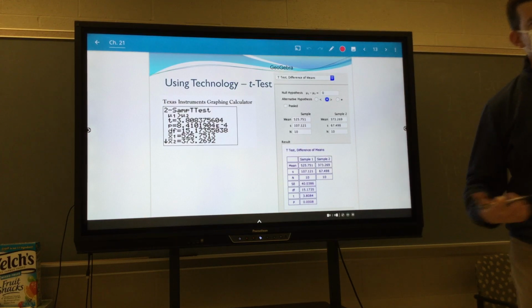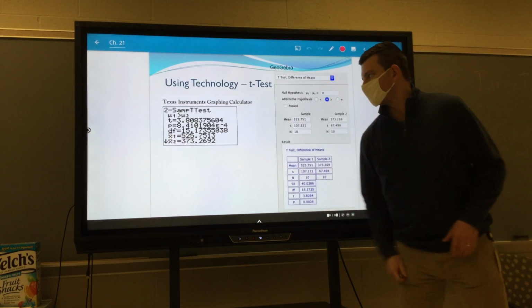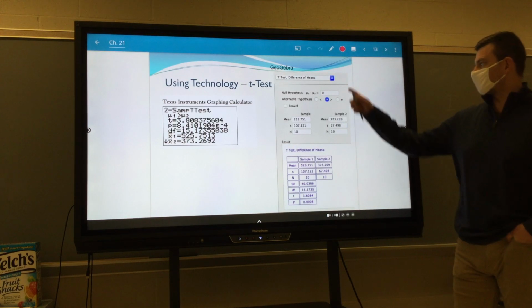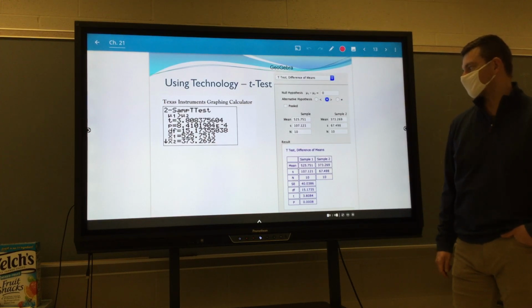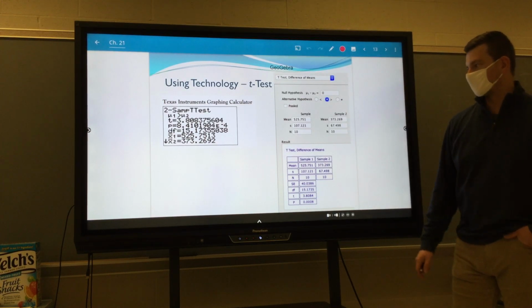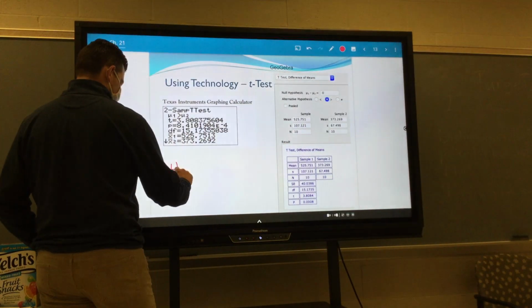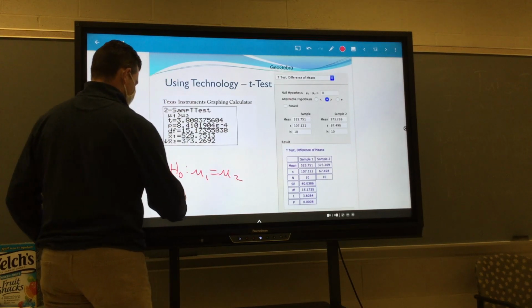Now for the t-test, same thing. On the calculator, you're selecting 2-sample t-test. GeoGebra, the drop-down menu is just difference of means for the t-test. And you're entering the same data. Remember, our null hypothesis was that mu1 equals mu2.